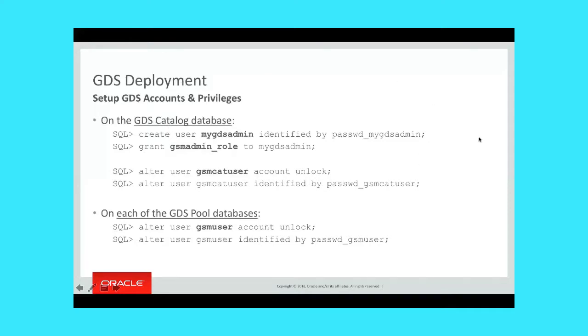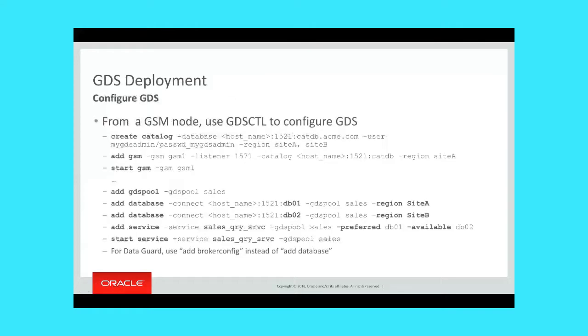Now, what's the next step? The next step is to run a bunch of commands that will set up your GDS for your environment. So I would run create catalog. I specify what database I want to create this catalog on, what my super user is, and what regions I have in my environment.